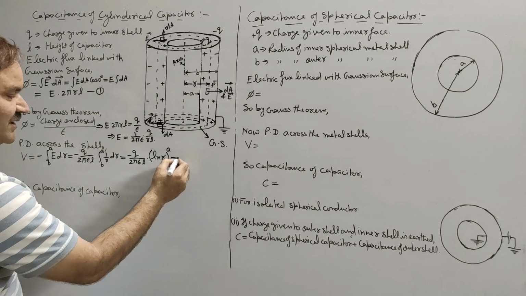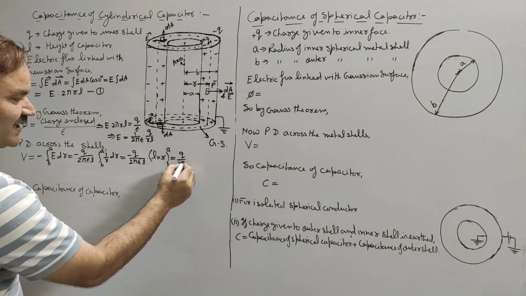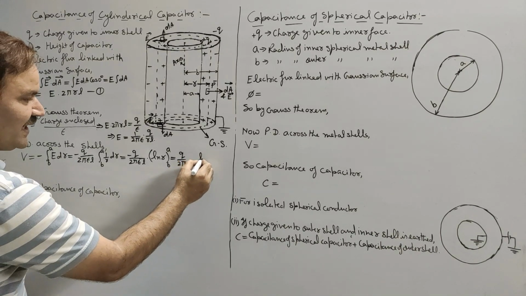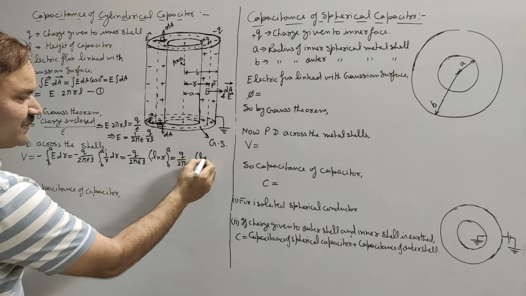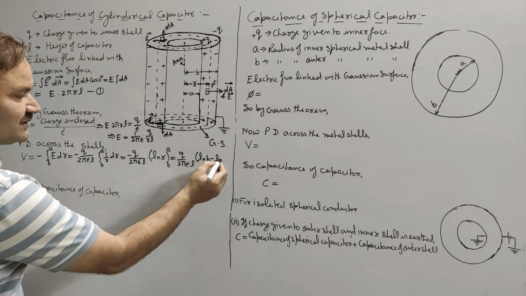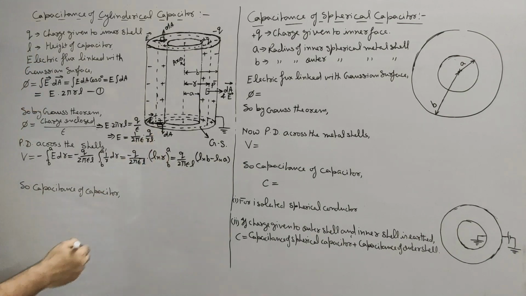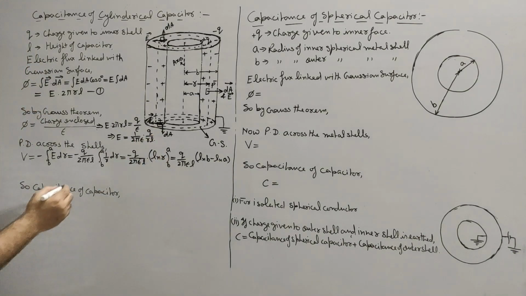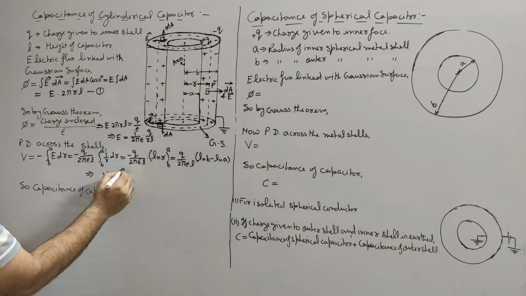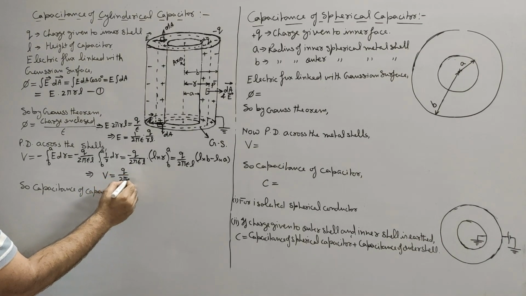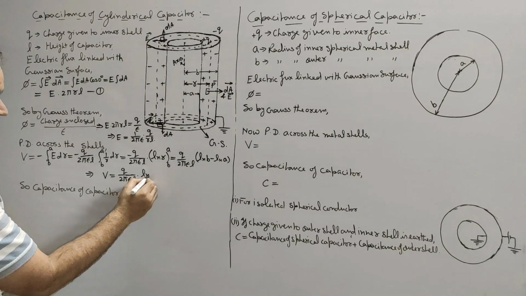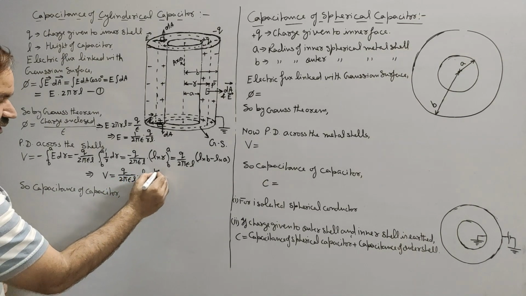So this will give Q upon 2 pi epsilon L, and ln lower limit B minus ln upper limit A. We have reversed the limits, and this will give us V is equal to Q upon 2 pi epsilon L into ln B upon A.